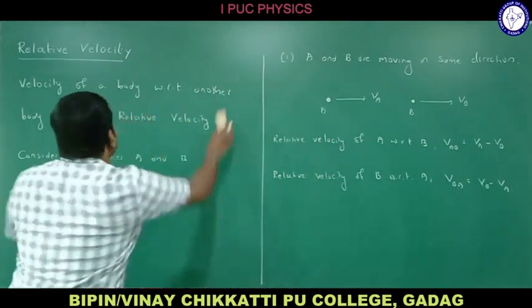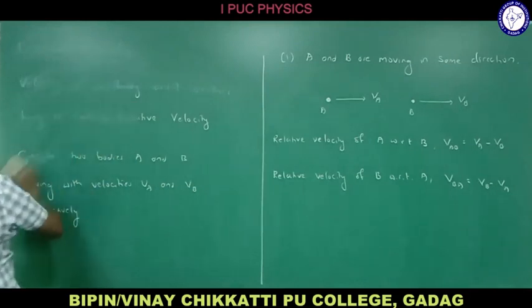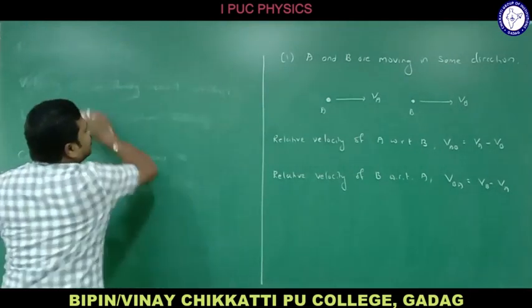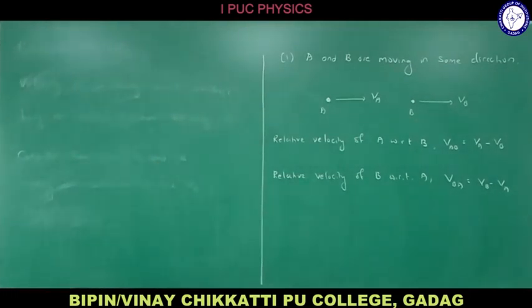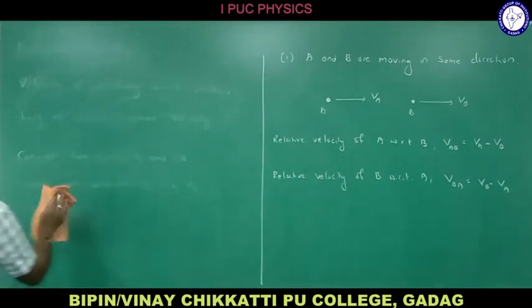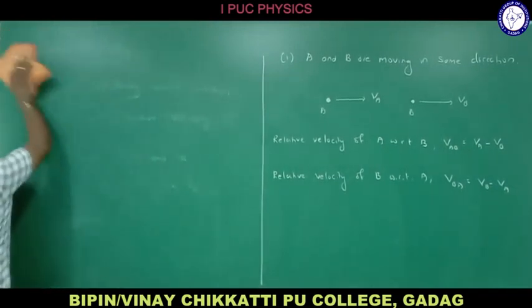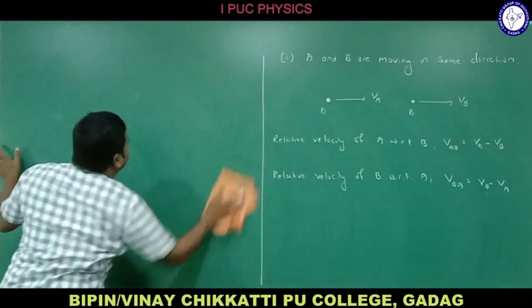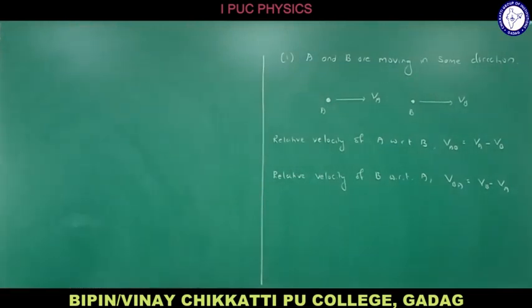Okay, let us understand what happens if two bodies are moving in opposite directions. When two bodies are moving in opposite directions, how do we consider the relative velocity? We will study it comparatively.